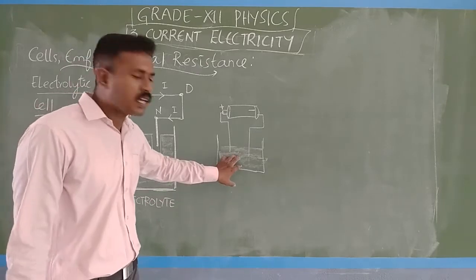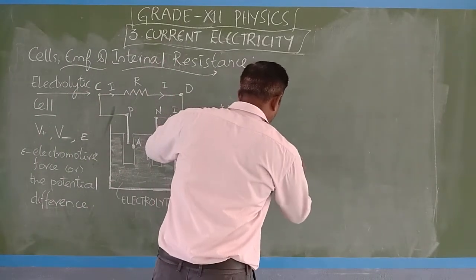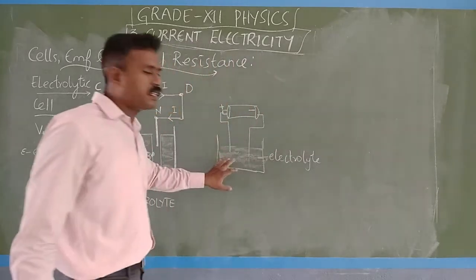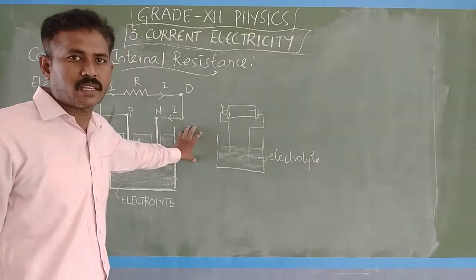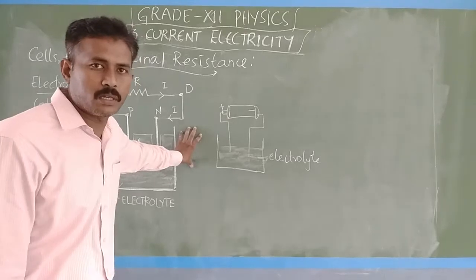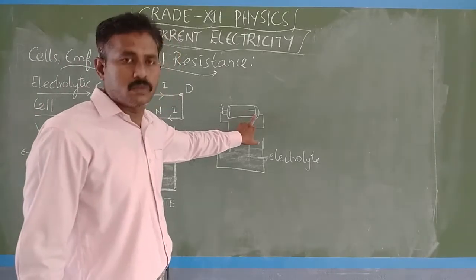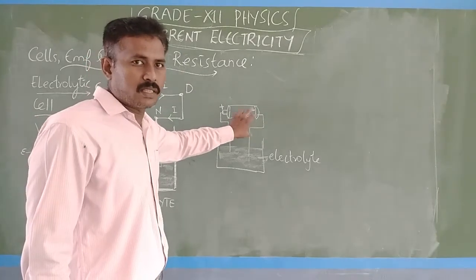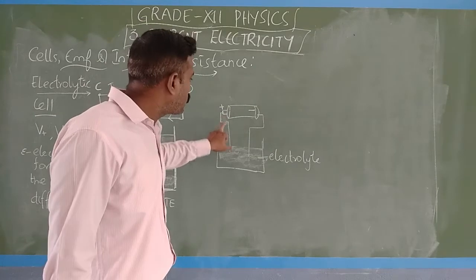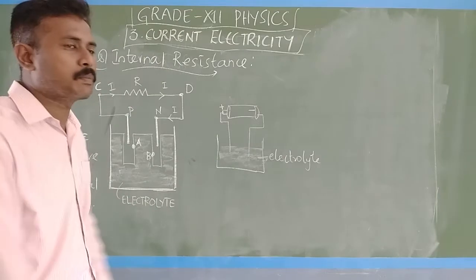Initially this is a solution which is neutral in state. The positive and negative ions will not move; there will not be any movement. When you take a positive and negative polarity cell, a battery, and connect the positive at one point and the negative at another point, what happens?